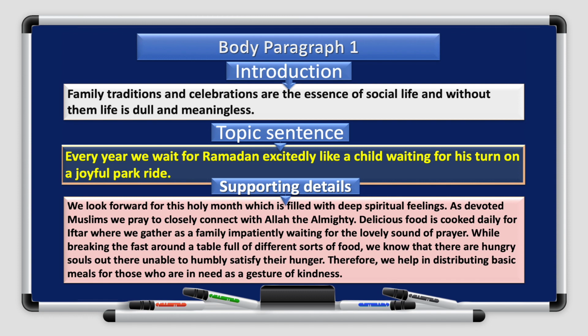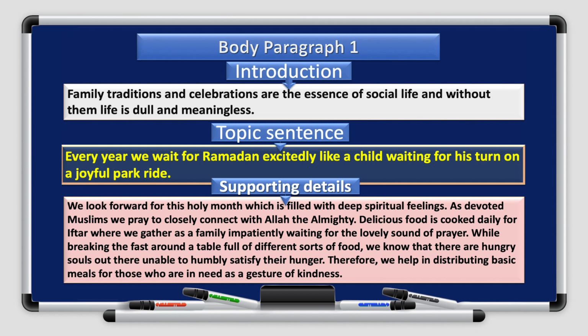We look forward to this holy month, which is filled with deep spiritual feelings. As devoted Muslims, we pray to closely connect with Allah the Almighty. Delicious food is cooked daily for iftar, where we gather as a family, impatiently waiting for the lovely sound of prayer.